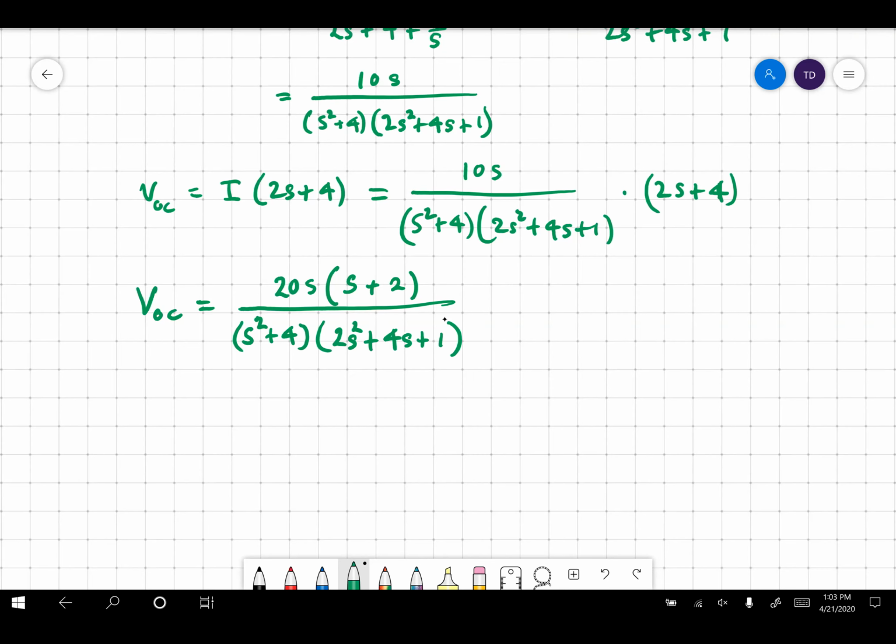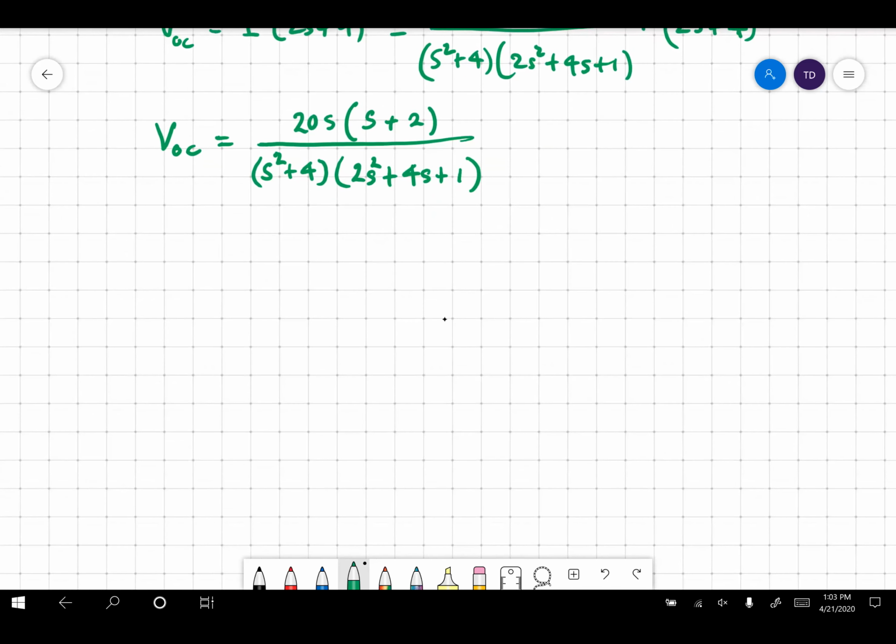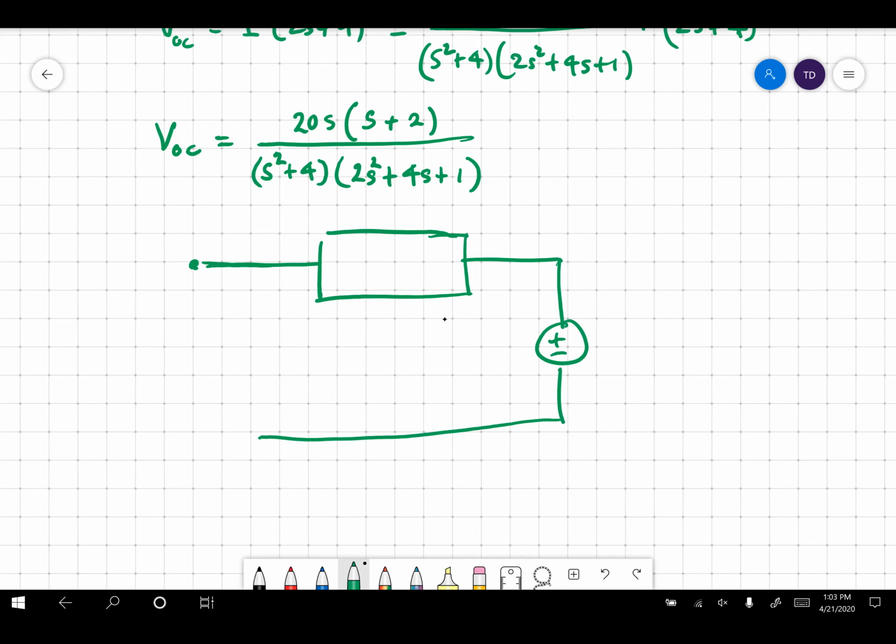So we have our impedance, we have our voltage. So here, there's the impedance, here's the voltage, A, B. Notice the plus minus, the plus is at the A terminal, the minus is at the B terminal, exactly the same as the original picture.